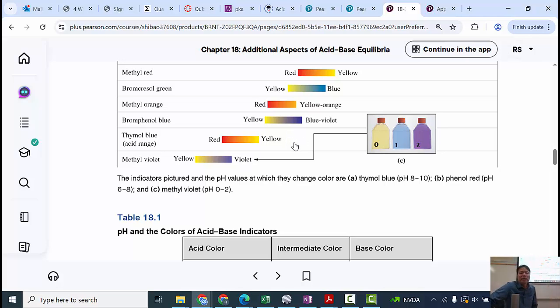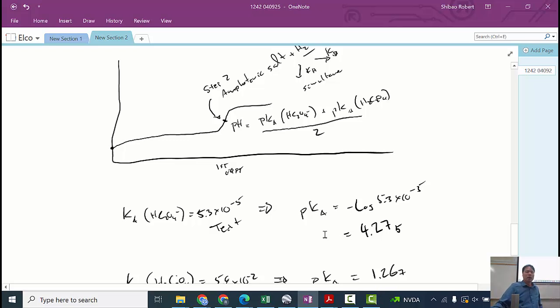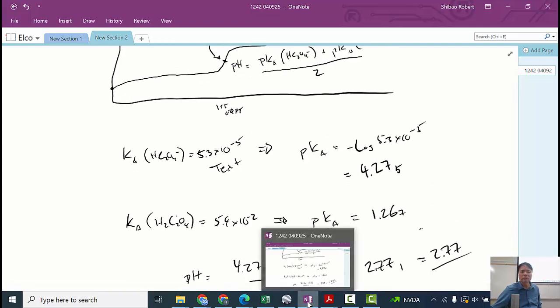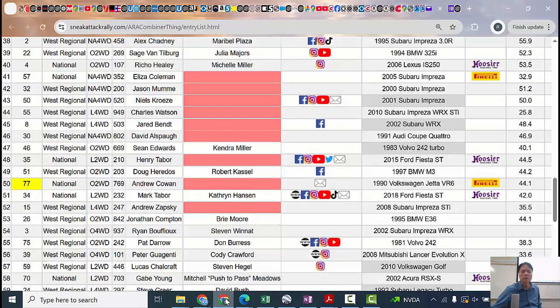And why might it be okay? It still might be okay because it depends on how steep the rise is there. The first equivalence point, you don't have much flexibility here. Because let's say, where does that indicator change color? That indicator changes color at, let's try to get it more precise here.